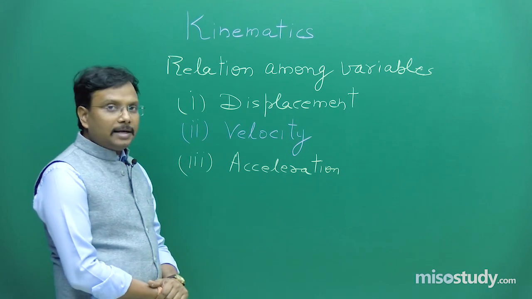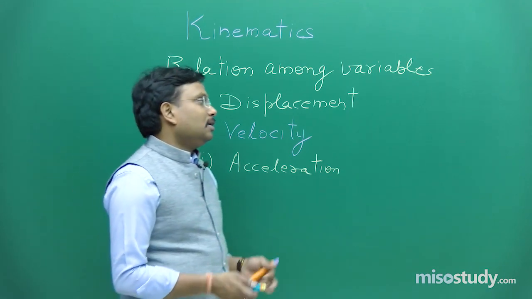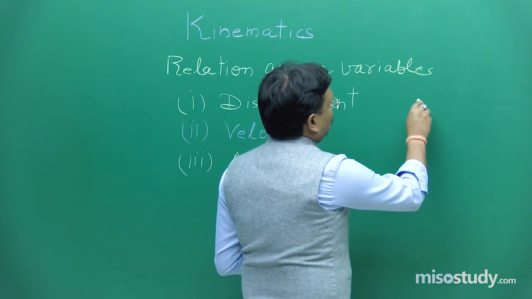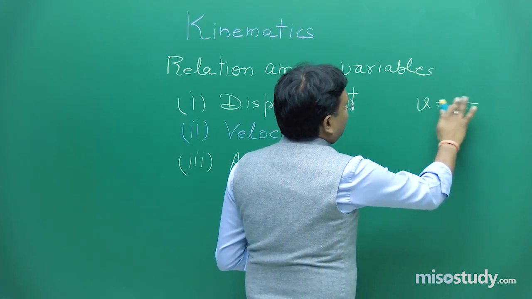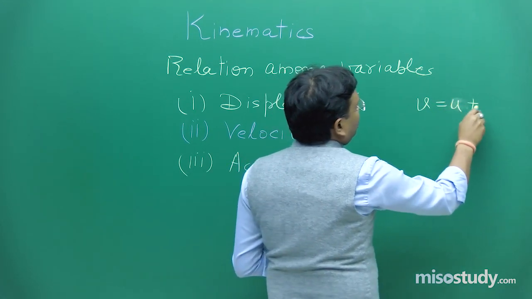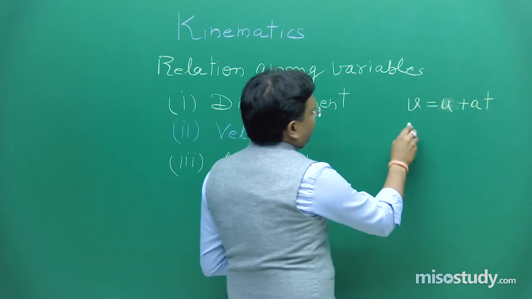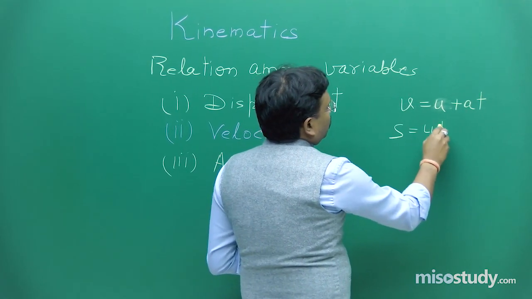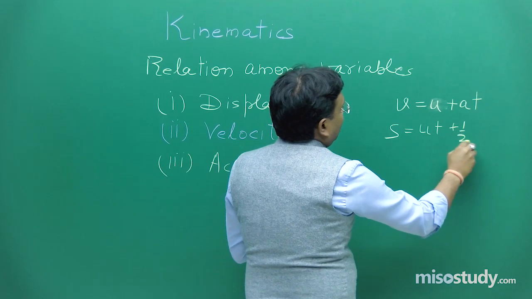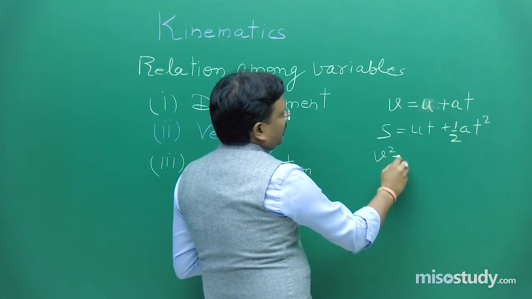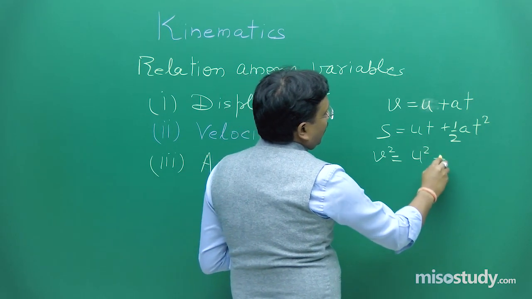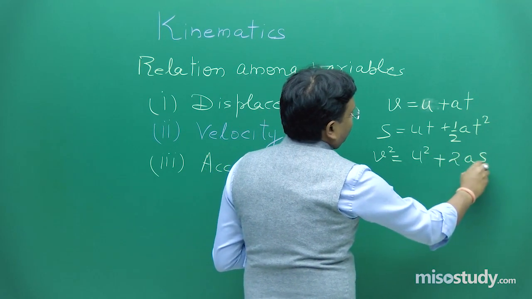In class 9th, you studied these three relations: v is equal to u plus at, s is equal to ut plus half at square, and v square is equal to u square plus 2as.